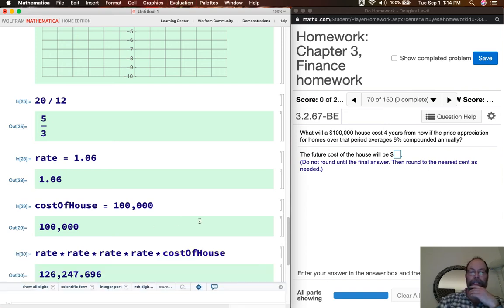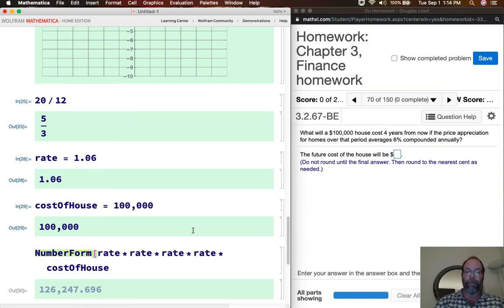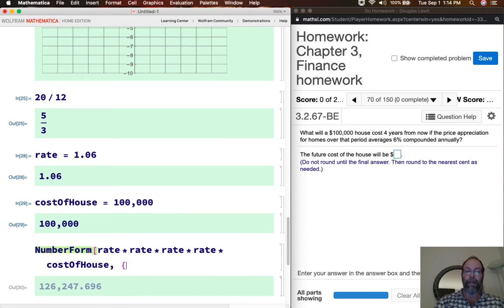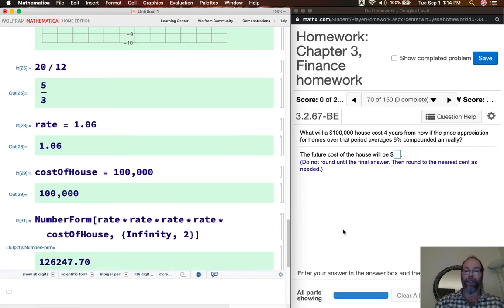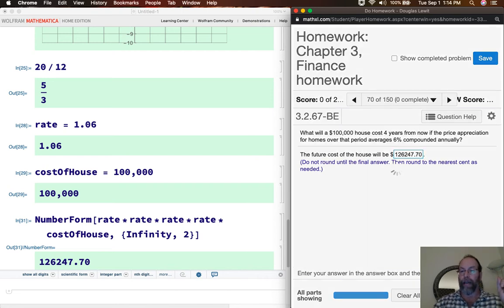And I would like to round that to 2 decimal places, in number form. So that is going to be $126,247.70. Let's see if we're okay with that.